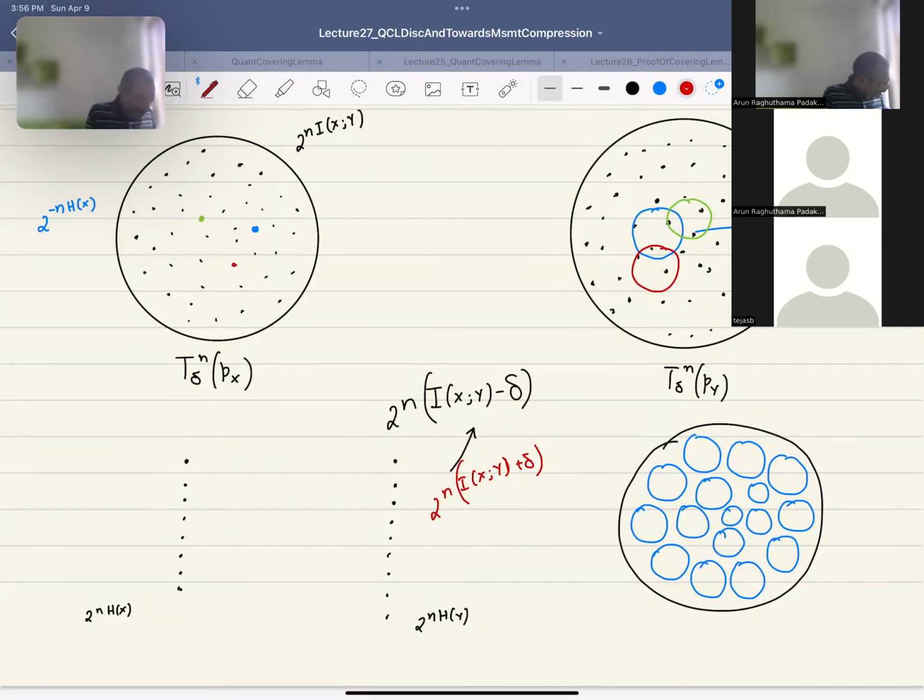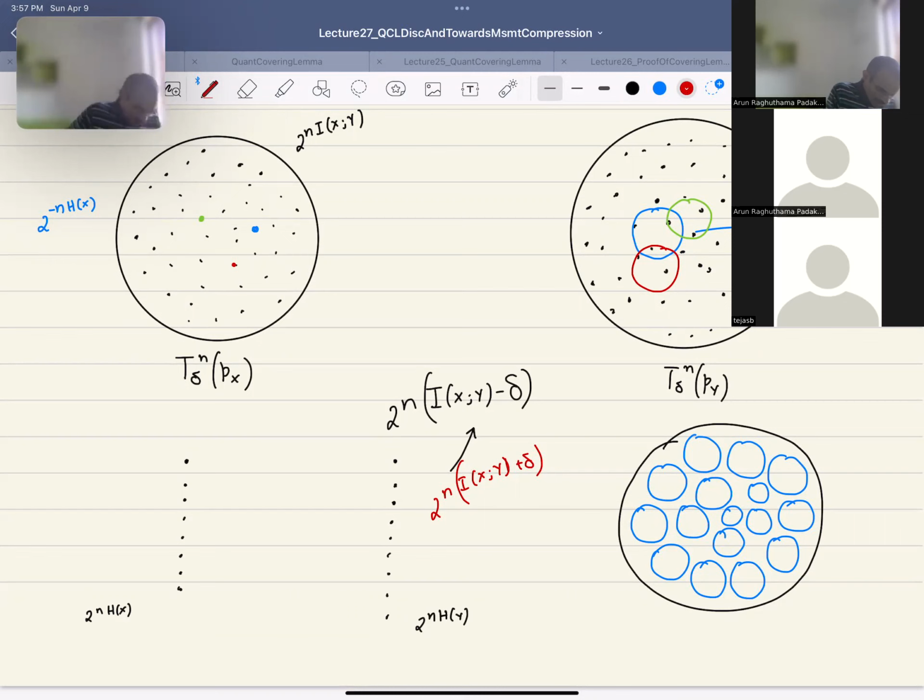These balls not only overlap, but they cover, and each typical y point is reached, and reached at the right optimal level, so that the distribution is just uniform on the typical set of py. And because picking uniformly from the typical set of y is essentially the distribution py, these distributions are close. That's what's really happening in the covering lemma.